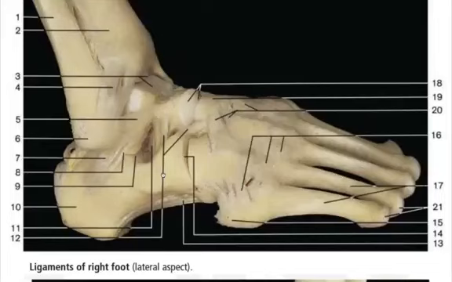Ball and socket is which part? This part will be the ball and socket. Yes, talonavicular is ball and socket. Calcaneocuboid is a plain type of synovial joint. Yes.